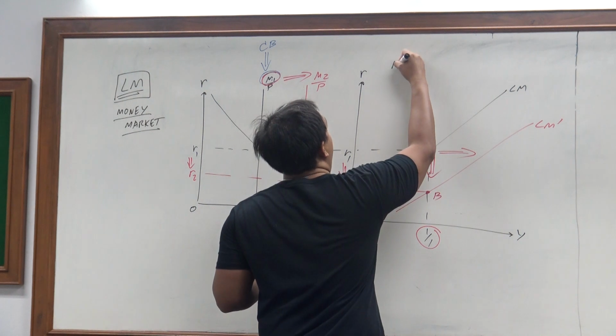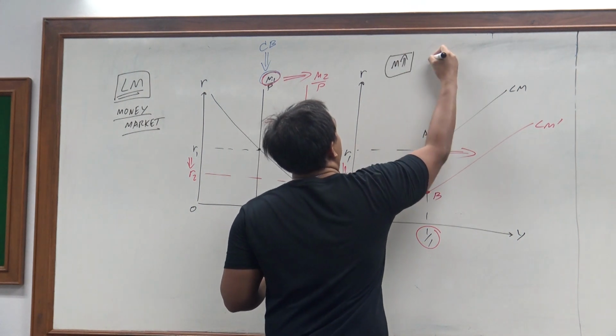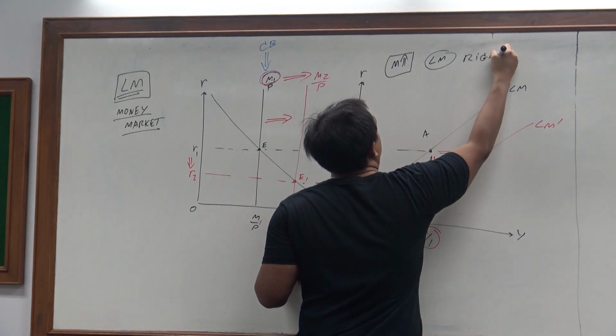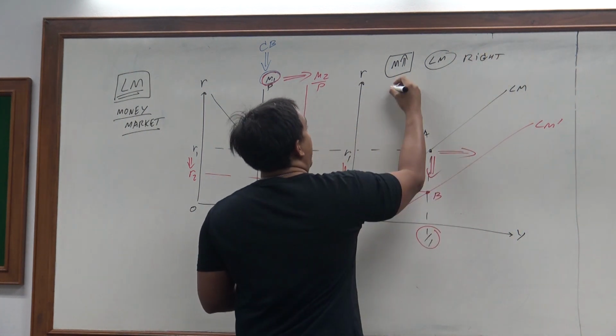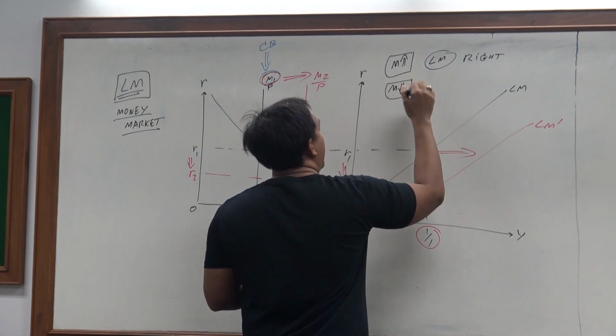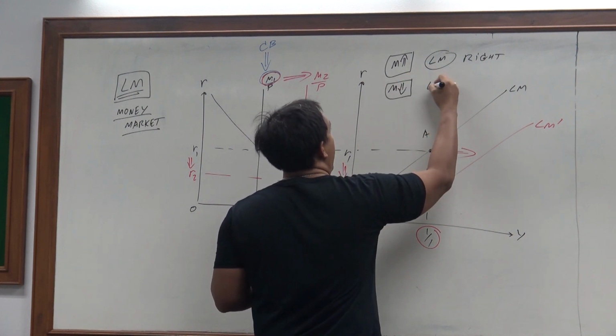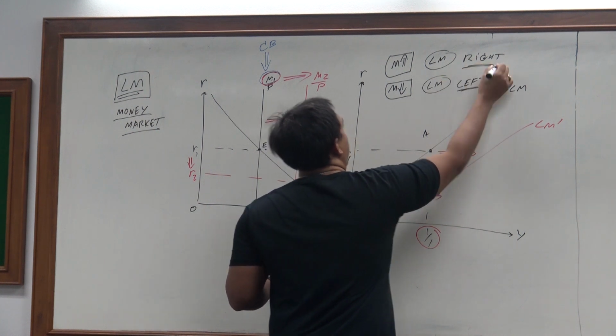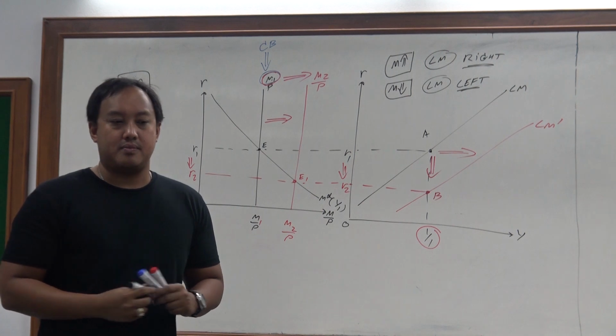If the central bank injects more money into the economy, the LM curve shifts to the right, or down. On the other hand, if the central bank destroys money and lowers the amount of money, the LM curve shifts to the left. This is the conclusion.